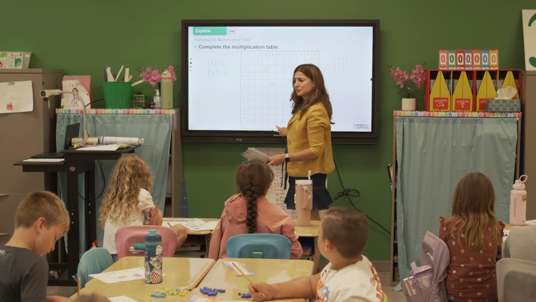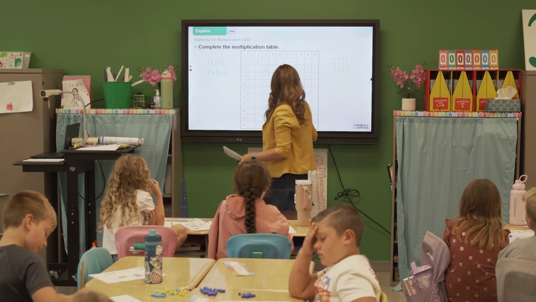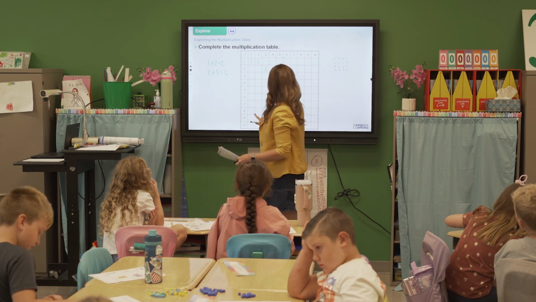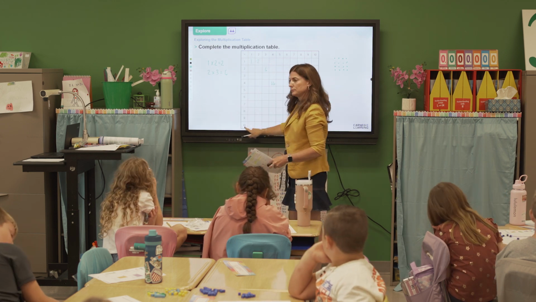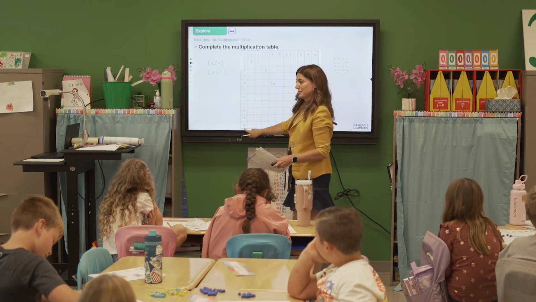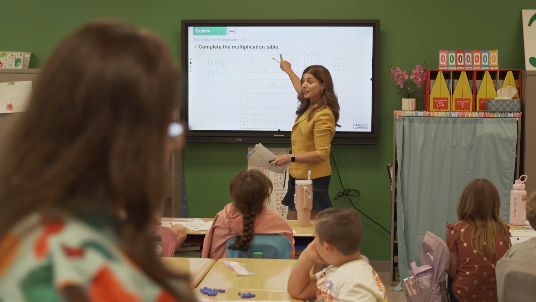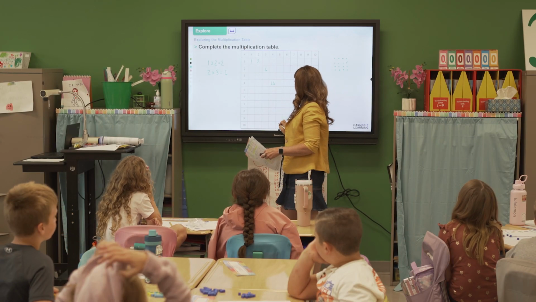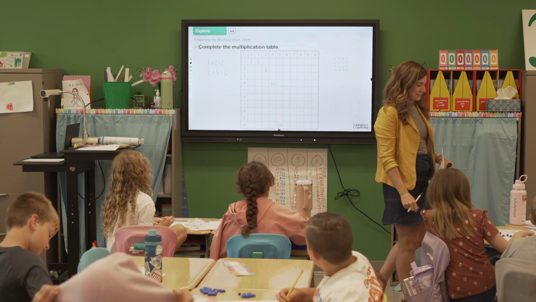How do you know that? It's also the same as counting by tens 5 times. Tell me how you know that. So you look at the 10 and then you look at 5, and we know 10 rows times 5 columns equals 50. All right, put your 50 on there.